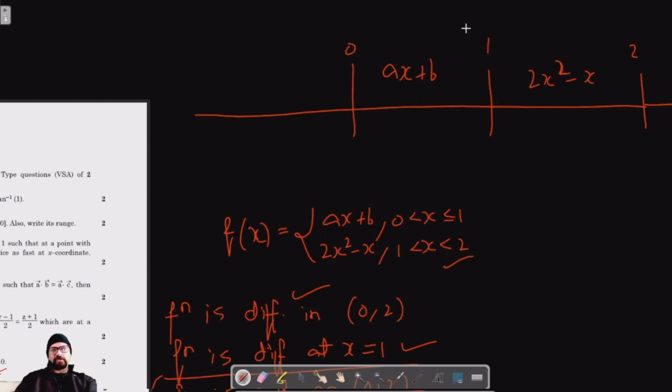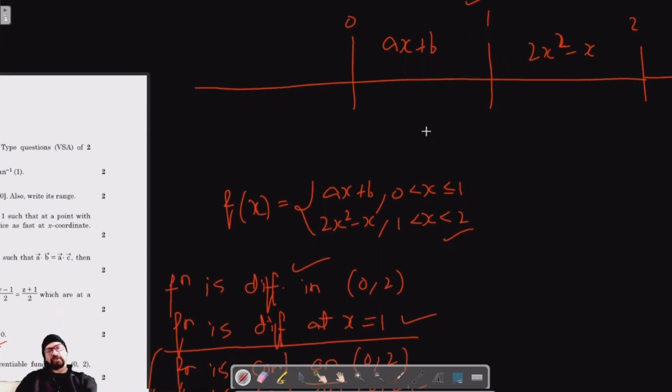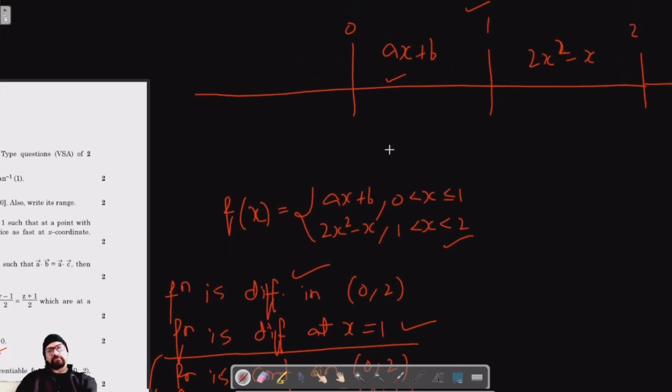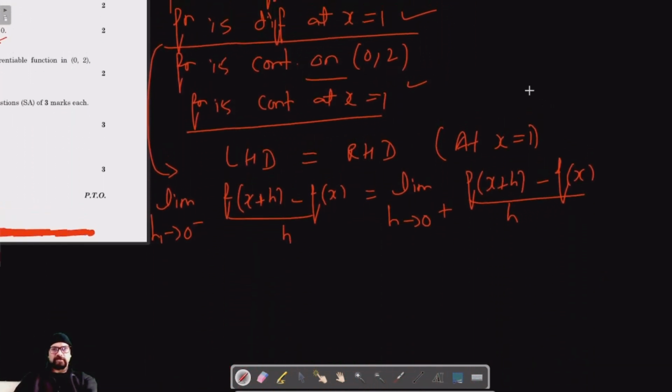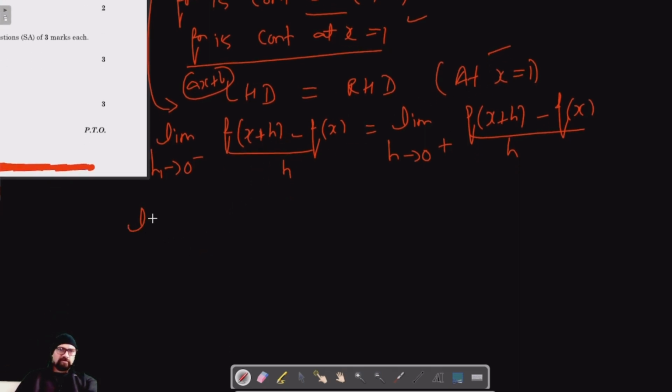Because we are differentiating at x is equal to 1, for the left hand derivative the function is ax plus b. So this is limit h tends to 0 negative, f of 1 plus h minus f of 1 upon h.